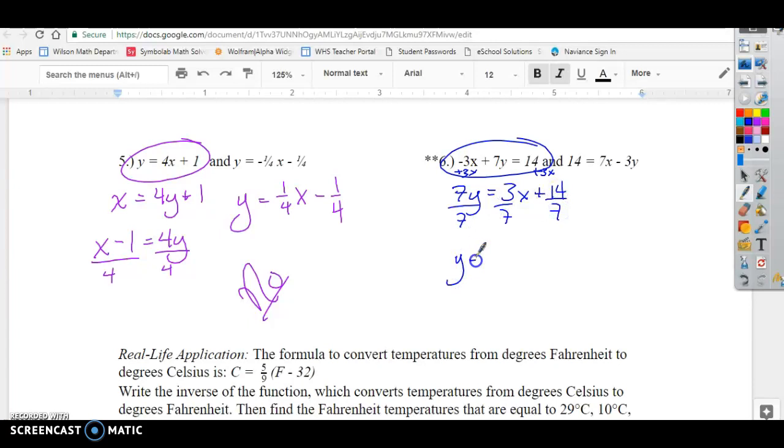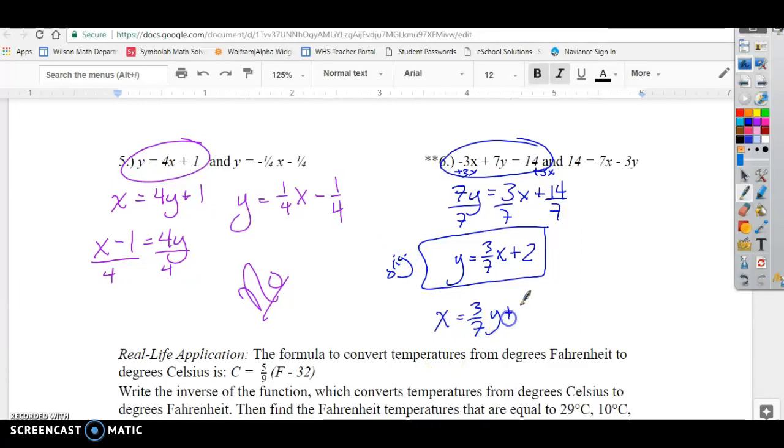So I'm going to get y equals 3/7 x plus 2. That's my original. Now let's get the inverse, shall we? So I'm going to switch x and y. I'm going to subtract the 2 over. So that'll be x minus 2. I am then going to multiply this 7 out of the denominator.